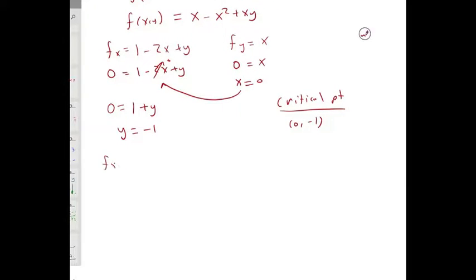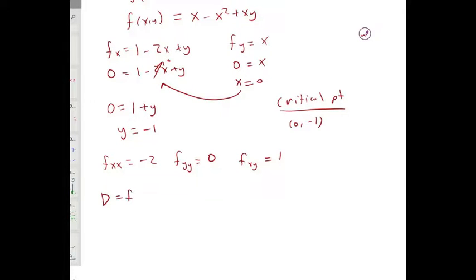So now we find our second derivatives, which are negative 2, 0, 0, and f sub xy is going to be 1.